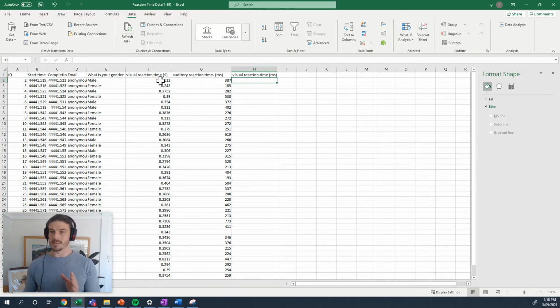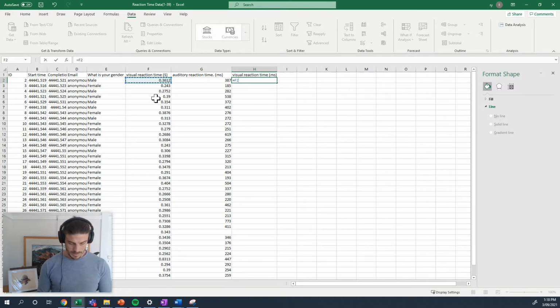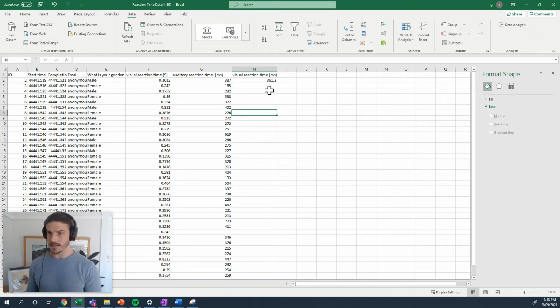Well, there's 1,000 milliseconds in a second, so I'm going to do a calculation: equals, I start a calculation in Excel, and I want to take my number of seconds and multiply it by 1,000 to get it into milliseconds. Okay, so now I can see I've got milliseconds here, which look more coherent with the auditory reaction time.